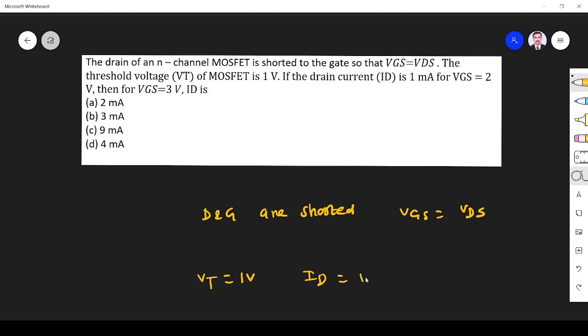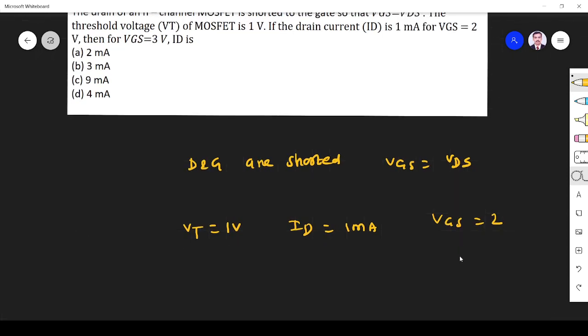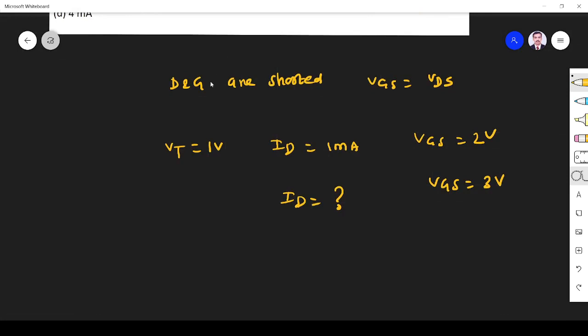The drain current is 1 milliampere for VGS equal to 2. If the drain current is 1 milliampere for VGS equal to 2, what is ID for VGS equal to 3? You see, they have given that the drain and the gate are shorted.